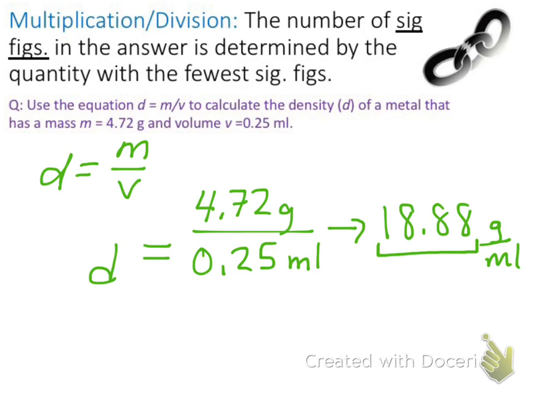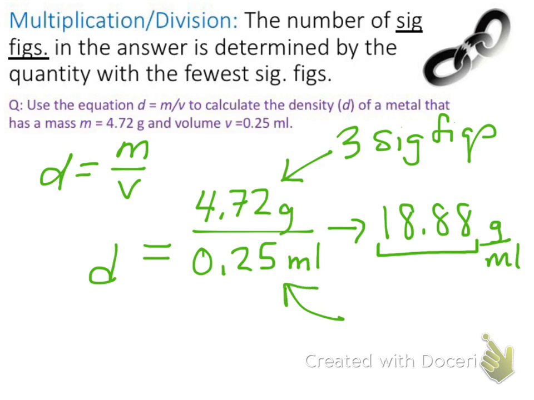At this point in your calculation, what you need to do is go back to the original problem and look at the number of significant figures in every single measurement that went into the calculation. In this case, there are 2 measurements that went in. The top measurement has 3 significant figures, and the bottom measurement has 2 significant figures.